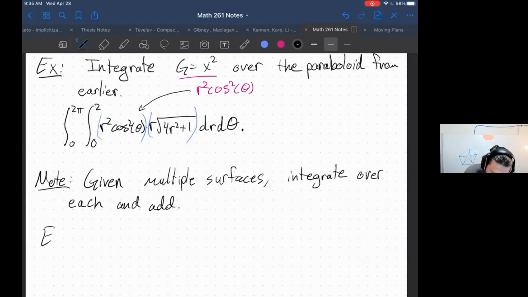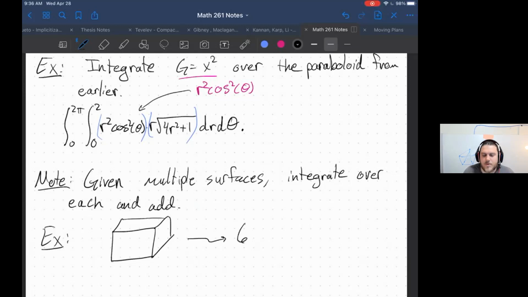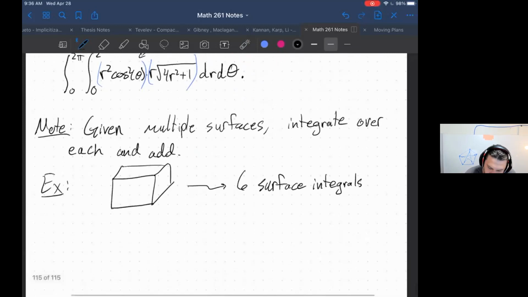So for example, if we have something like a cube, if this is a rectangular prism, then you can't quite cut it down as much, but regardless, you would need to break this into 6 different surface integrals. But if this is a nice cube, then you can just multiply by a 6 at the very end of the day.